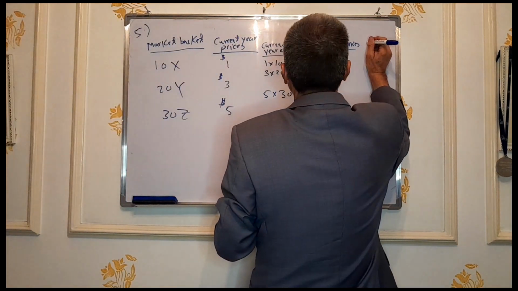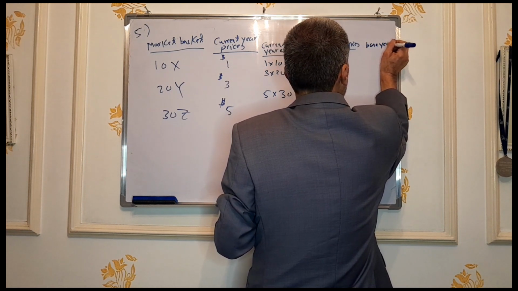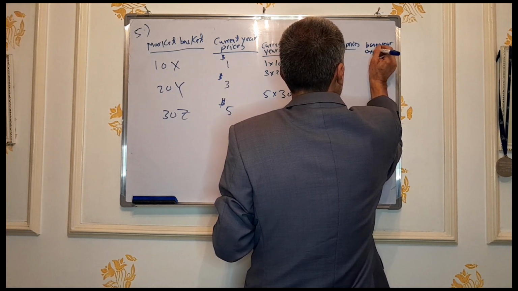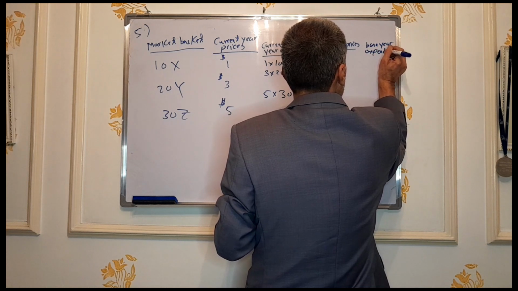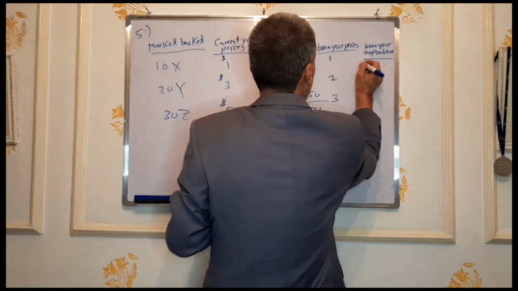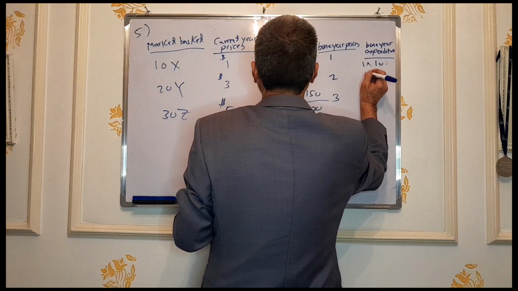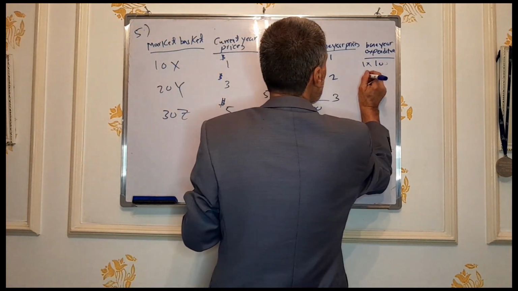So the base year expenditure is going to equal 1 times 10, 2 times 20, and 3 times 30.